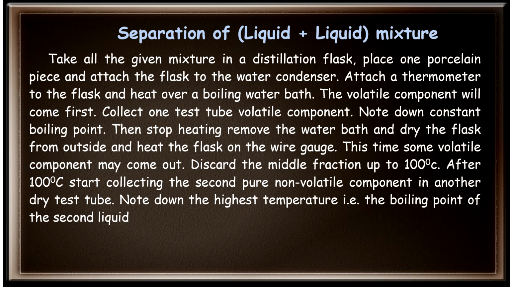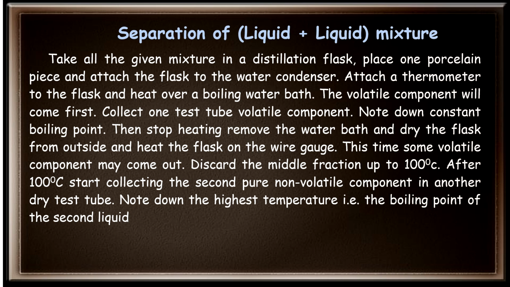In the case of a liquid plus liquid mixture, there are two liquids, but out of the two, one liquid is volatile and the other is non-volatile. The volatile liquid has a boiling point below 100 degrees Celsius, and the non-volatile liquid has a boiling point above 100 degrees Celsius.